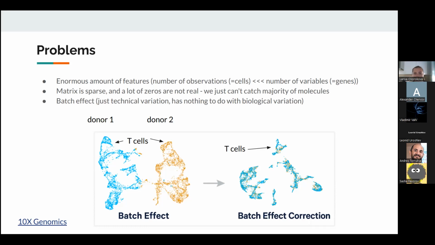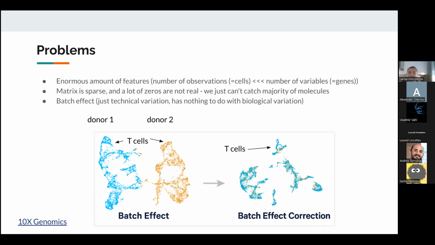That means that we just failed to catch this molecule. In a good 10x experiment, I would say that we can catch 10% of mRNA molecules inside the cell. So you can assume that for each particular cell, 90% of the information was just lost.